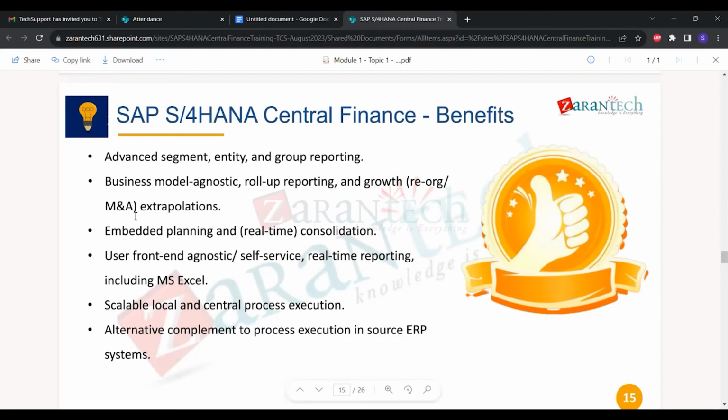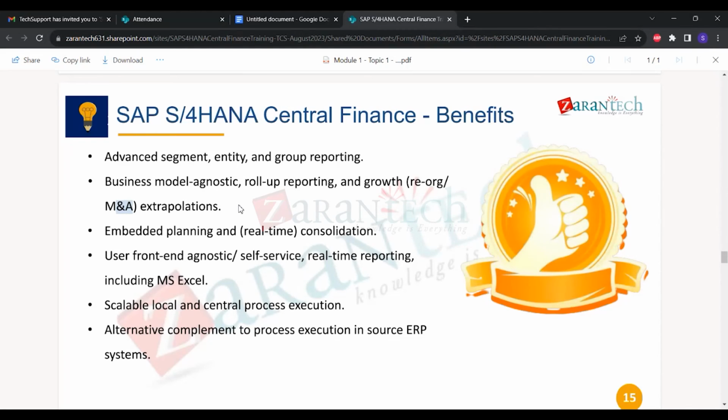Let's say there is a merger and one new company code has been acquired by the group. For that also you don't need a complete S4 or upgrade project to transform the systems into your existing ERP systems. What you need to do is, if they are using an SAP system, you can directly connect via SLT and real-time replication will be started.